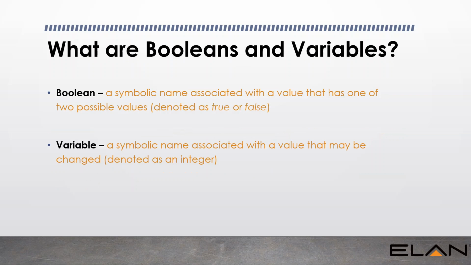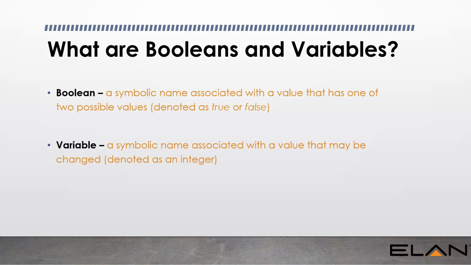Then we have Booleans and variables we covered last week. A Boolean is a true-false statement. So whatever you name it, just think of the answer being true or false. All Booleans are variables, but not all variables are Booleans. A variable is indicated by an integer, any number positive or negative.